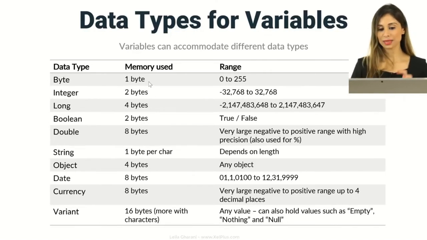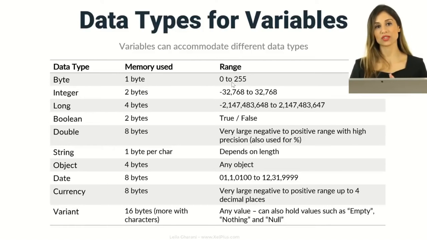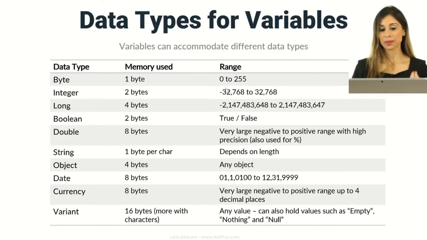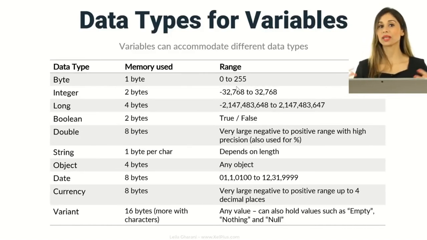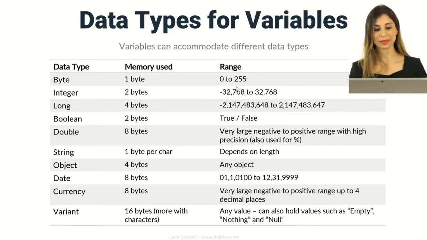You can see that the smaller the memory space used, the smaller the range here. So for example, a byte has a range from 0 to 255. So now let's imagine that that report you were making has actually 300 pages. And you want to keep that number inside the variable that you've already declared as byte.